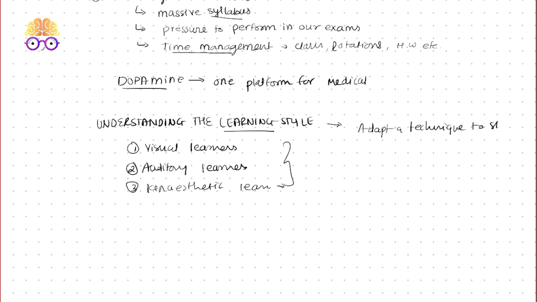to study. For example, mainly what I do, I give myself 1 hour. In 1 hour I'll study continuously for 45 minutes, and then I'll take a 15 minute break, and then again I'll repeat.